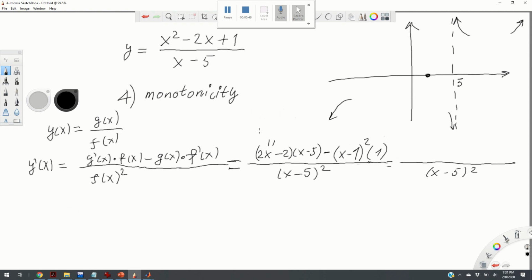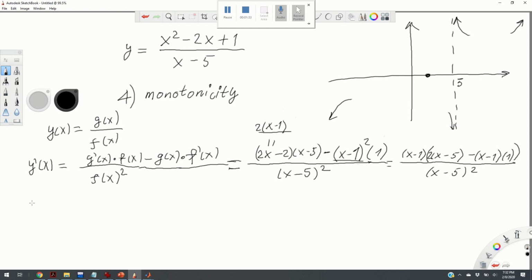Now notice that this term can be written as 2 times x minus 1, and we can observe that we have x minus 1 here and x minus 1 over here. So we can write this expression as x minus 1 multiplying 2 times x minus 5, right? Since we have another 2, minus x minus 1 multiplying 1.